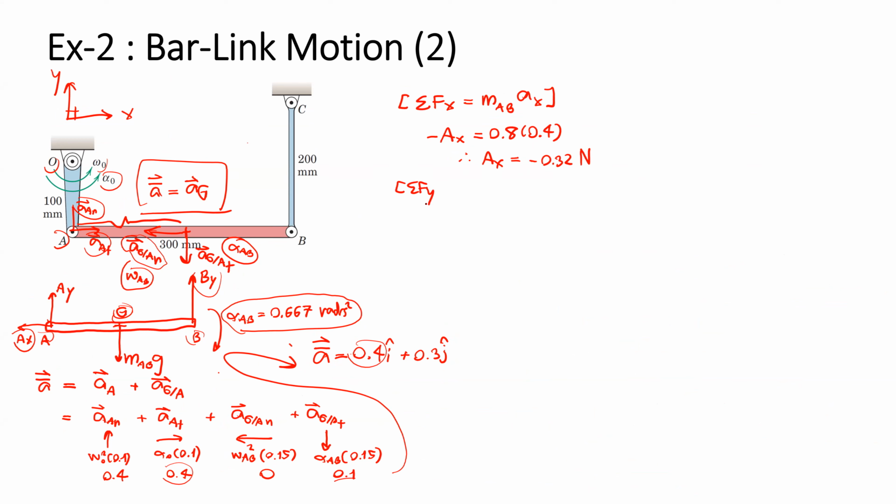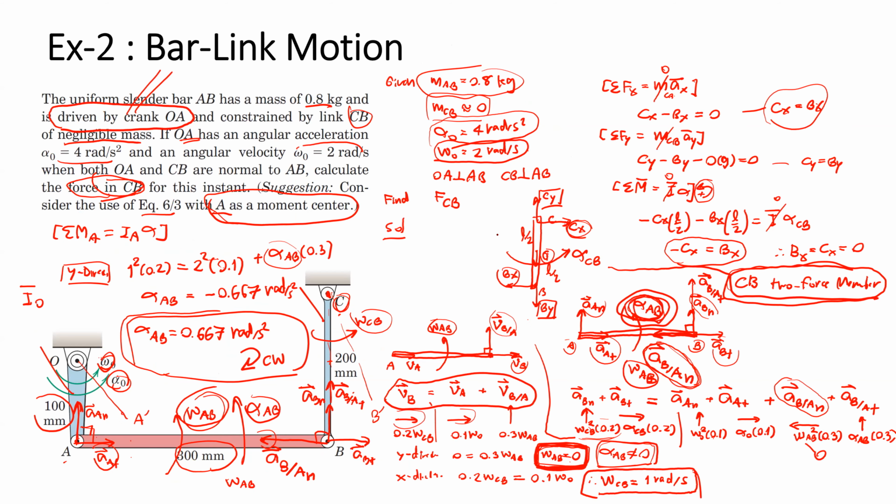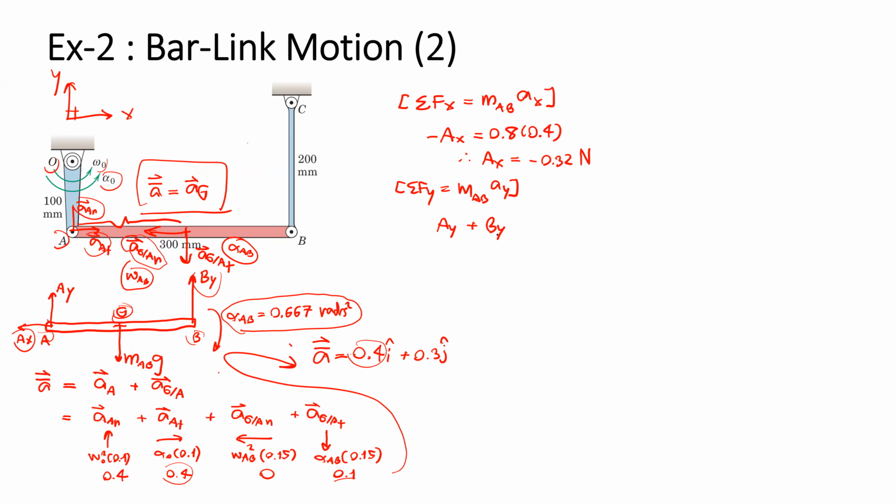Summation Fy equals M AY. We have AY positive, BY positive. I'm not sure about the BY direction, we still don't know it, but we assume it in this direction first.